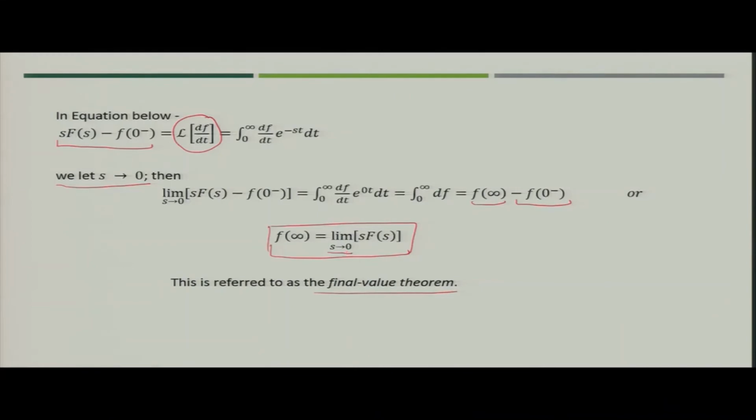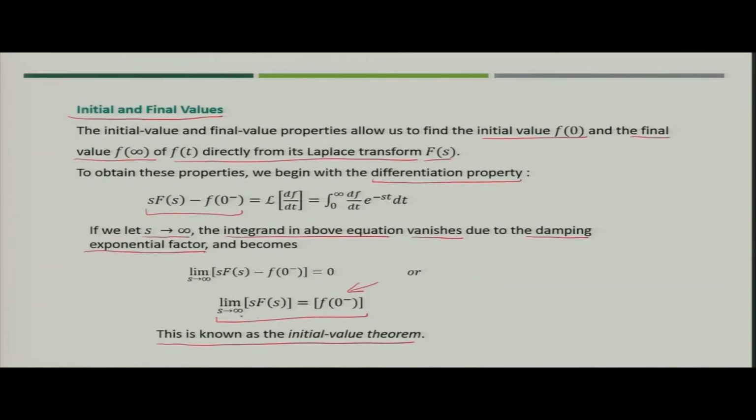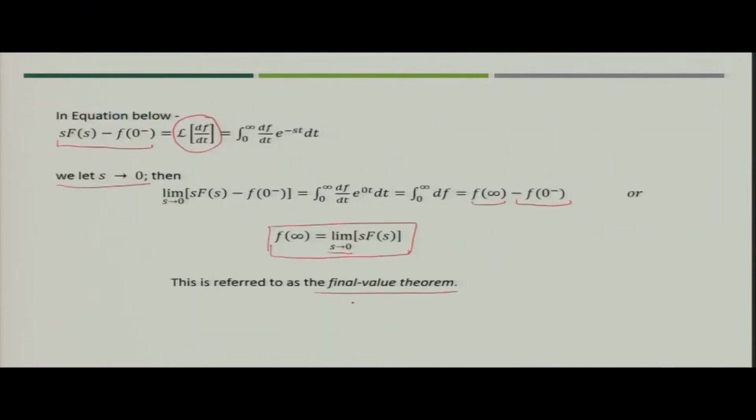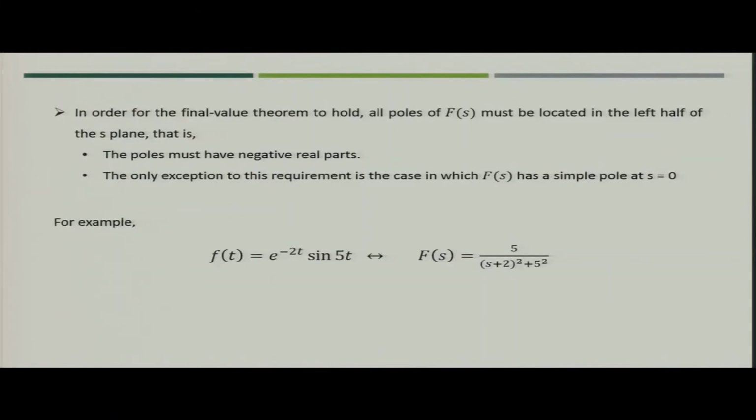You can simply remember it by understanding that when s is tending to infinity, the value you get will be at the origin, and when s tends to 0, the value you get for the function is at infinity. So, these two are very important theorems, but the final value theorem has its own limitation.